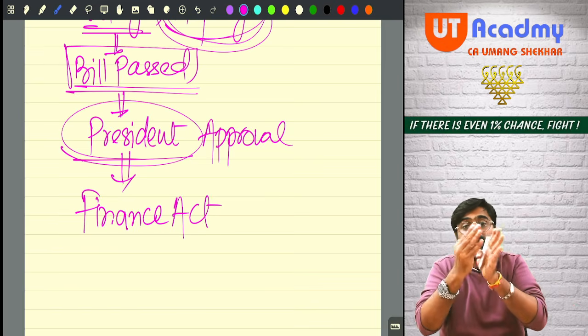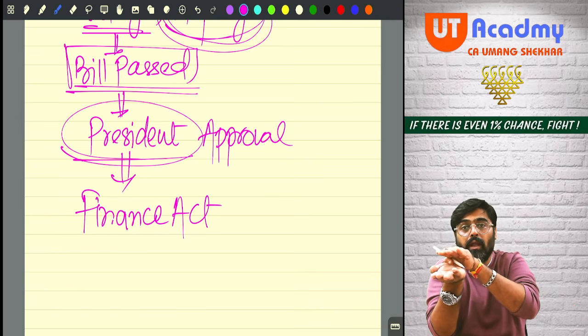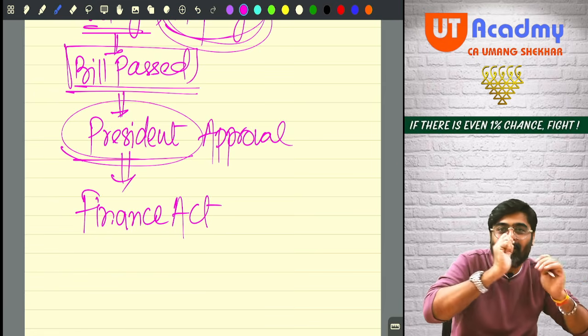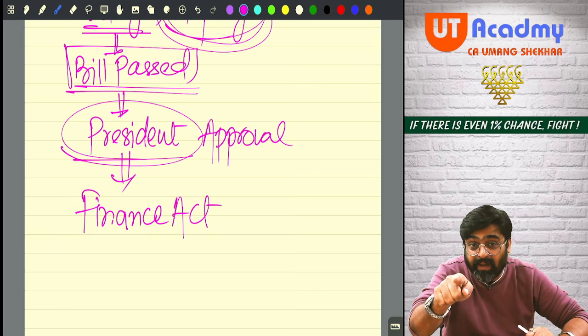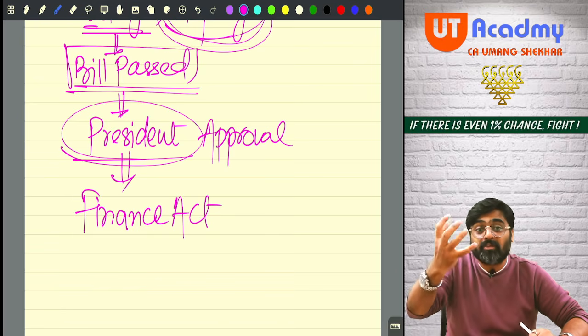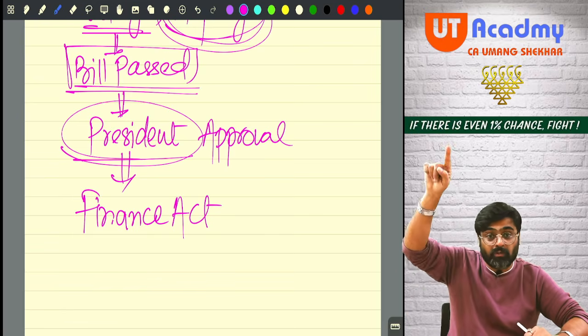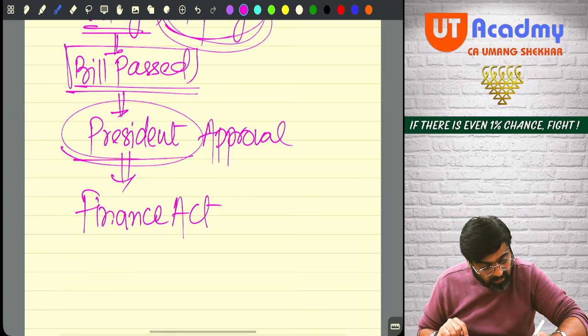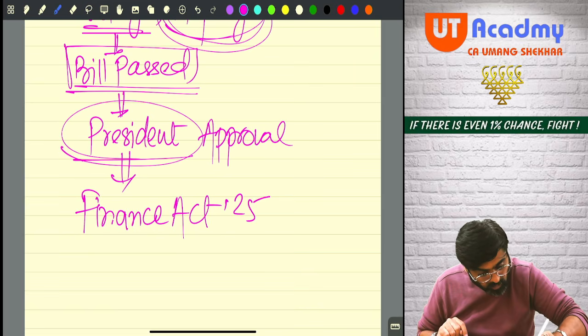So from a draft law, it will now become a law. And this Finance Act which is made, it is made from the Finance Bill 2025, no? So this Finance Act will now be known as what? Finance Act 2025.